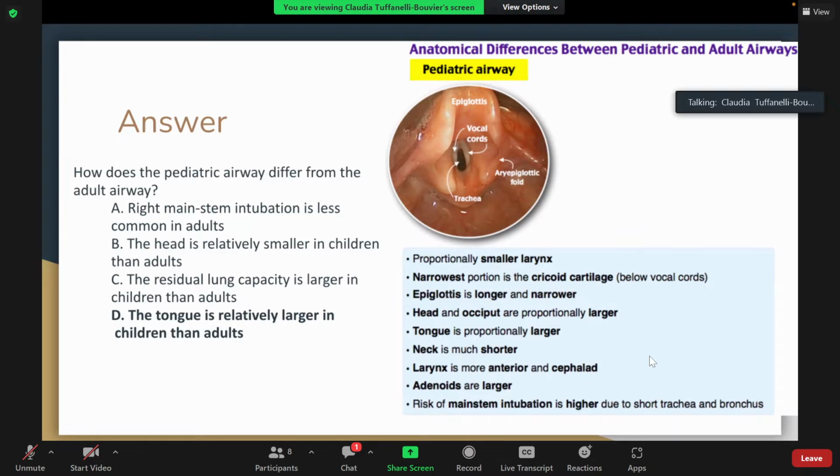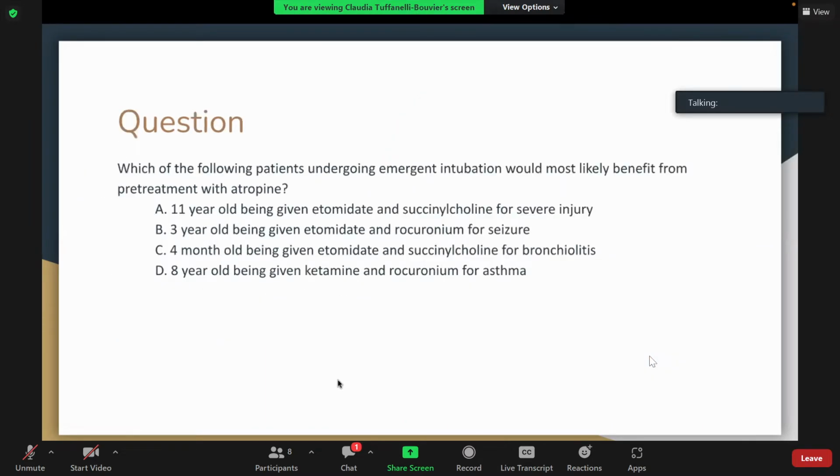In younger kids, some people will use the Miller, the long straight-bladed laryngoscope, because they'll insert the Miller all the way and then use it to lift up the epiglottis to view the vocal cords. For pediatric airways, some people like to use that one because the epiglottis is so large and kind of flops down.